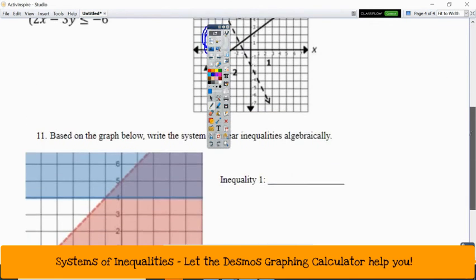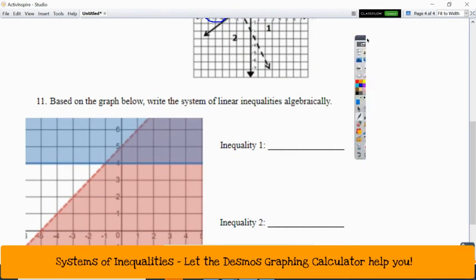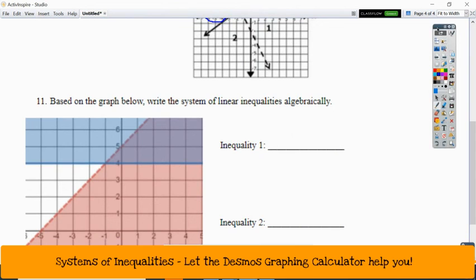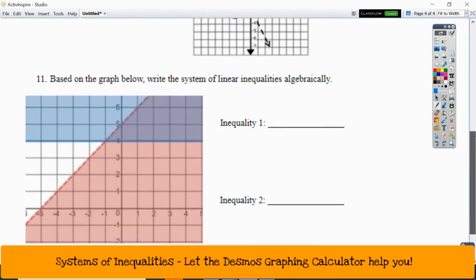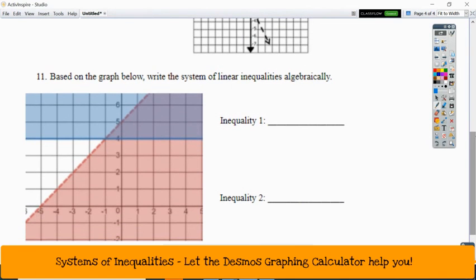Now, lastly, at the bottom of our page, we want to write the inequalities that create this graph we're shown here. So I'm going to go ahead and begin with this blue line that we have. Certainly, you're welcome to start with the red, whichever one really strikes you. When I look at that blue line, I see that it is a horizontal line, so I start thinking y equals, and I know y is the only variable that I want to show up.